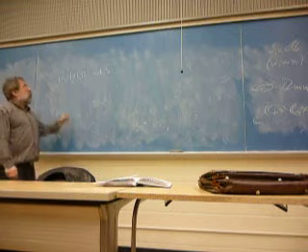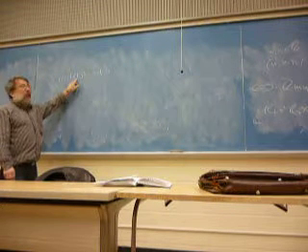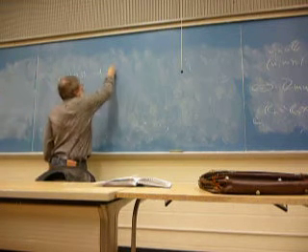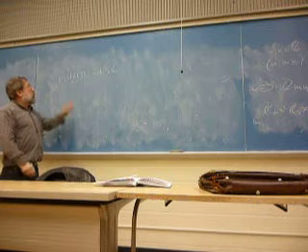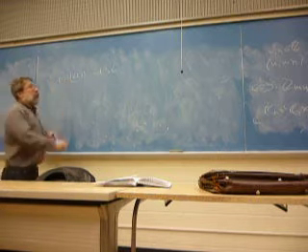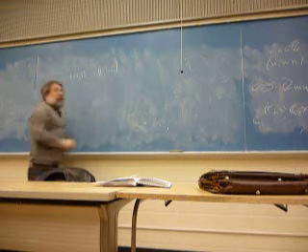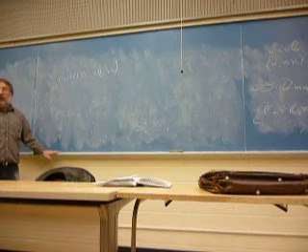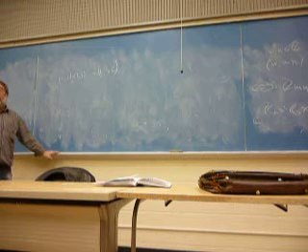Where does 3 go? 3 goes to 1, and 1 goes to 2. Where does 2 go? To 1. That's exactly the situation when you have two overlapping cycles.